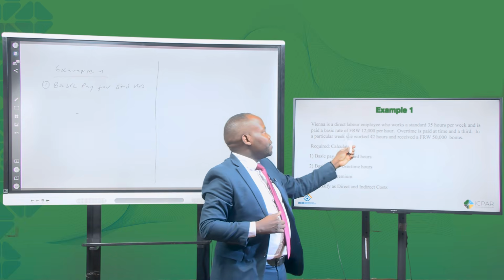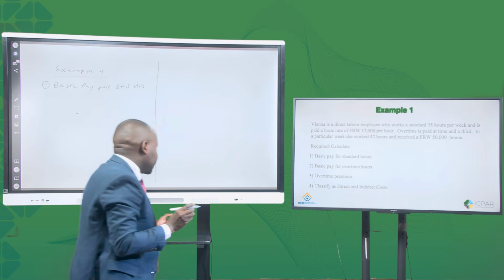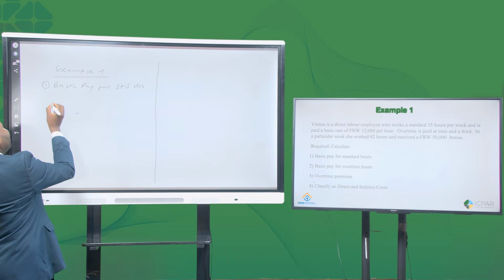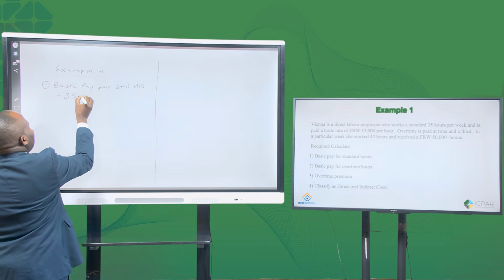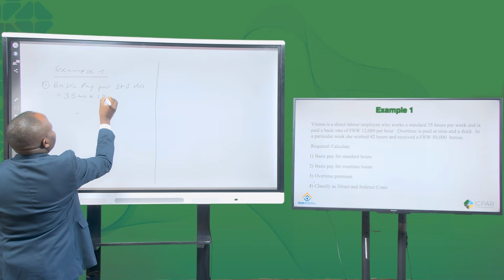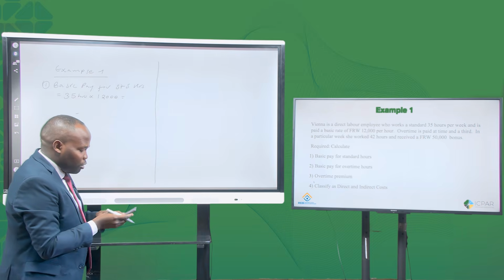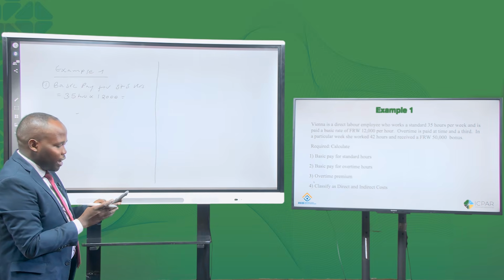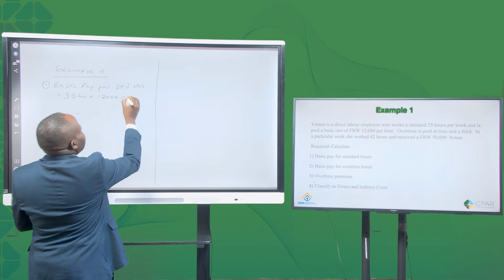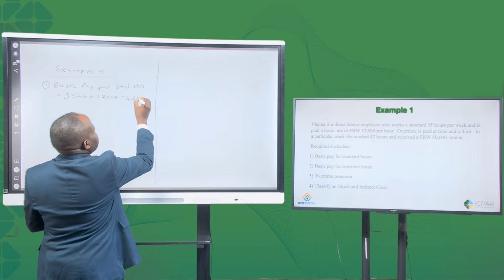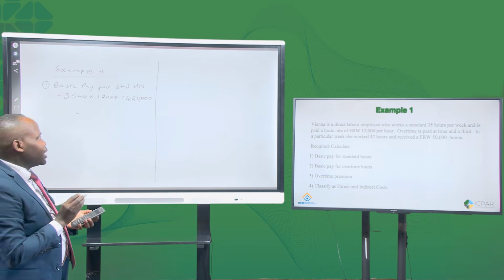Here we are being told Vienna is a direct labor employee who works a standard 35 hours per week. So Vienna should be working 35 hours per week. So what is the basic pay? It is 35 hours times 12,000. If we go now to our calculators, we have 35 times 12,000. So the basic pay for standard hours is 420,000.